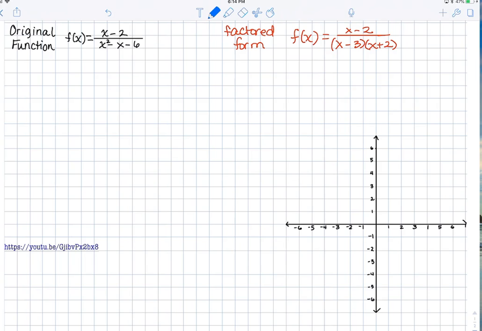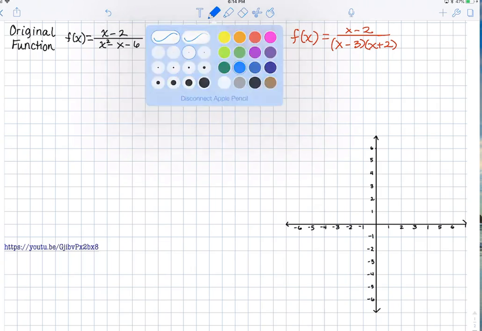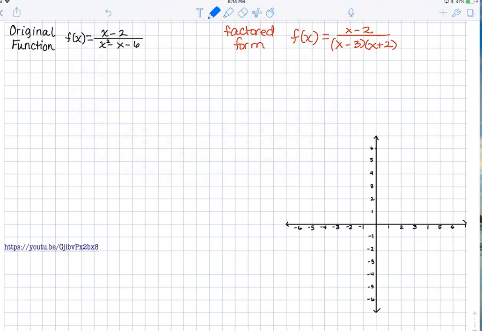Okay, so let's review what we get from the original function. Let's get all the important information that's just readily available to us so that we can get some stuff plotted on the graph, and then we'll look at the factored form. In the original form, we can find pretty much right away what the horizontal asymptote is going to be, if it's actually going to have a horizontal asymptote.